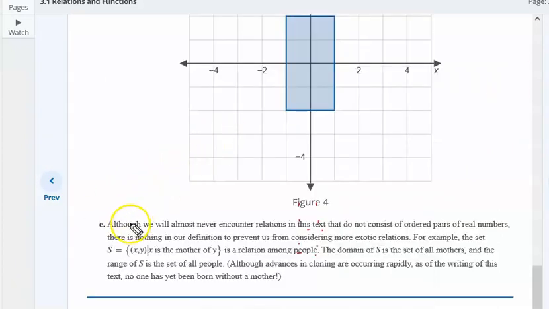And then in E, they're saying, although we will almost never encounter relations in the text that do not consist of ordered pairs in real numbers, there is nothing in our definition to prevent us from considering exotic relations. Take a moment to read this, and again, we're not going to encounter these, but that is a possibility.